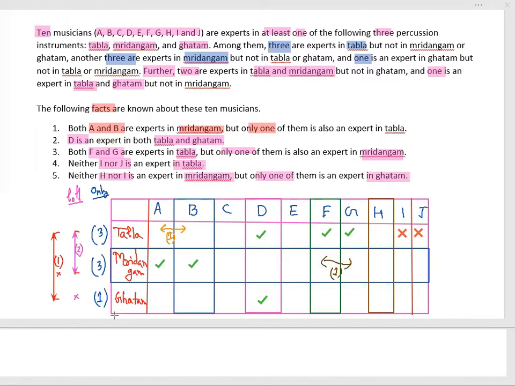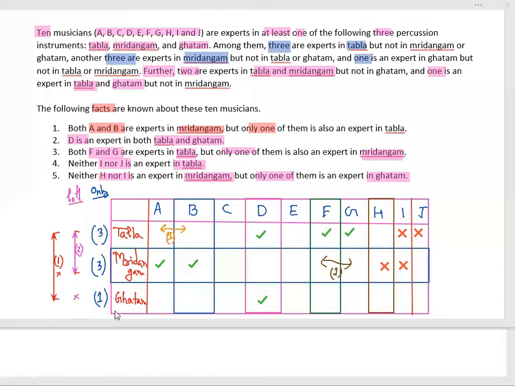So first of all, put a cross mark for H and I in mridangam. But only one of them is an expert in ghatam, so either here a tick or here a tick, that I can make.